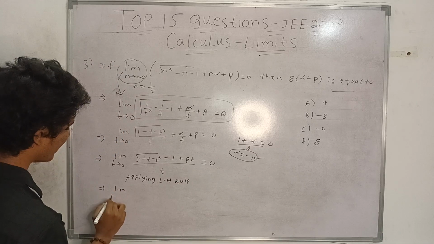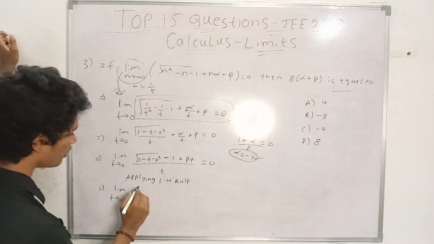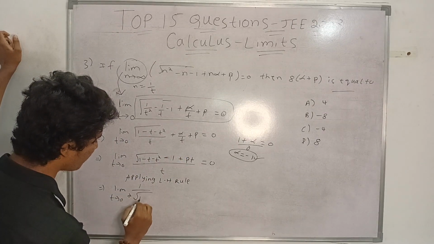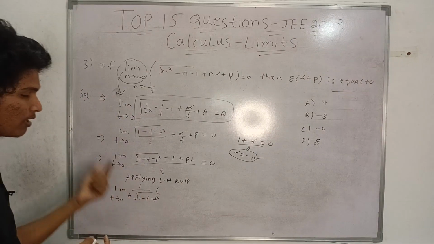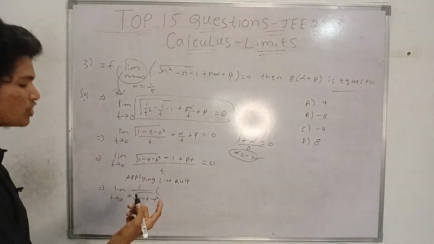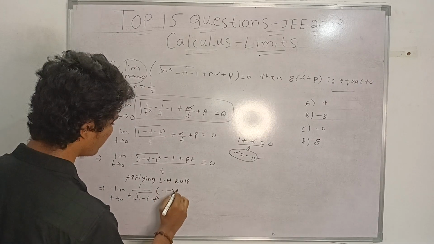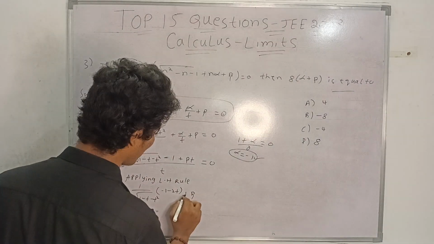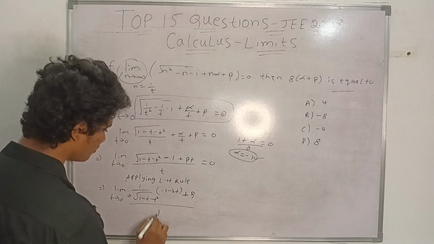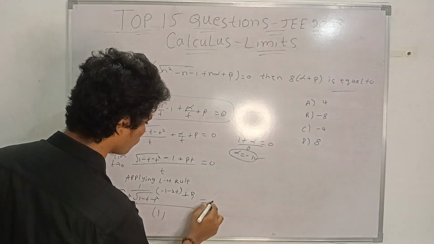Limit t tending to 0, root of something. What will its differentiation be? 1 by 2 root of x into the differentiation of x, where x is 1 minus t minus t square. The differentiation is minus 1 minus 2t, over 1, and the constant is 0, and here it is plus beta divided by 1.